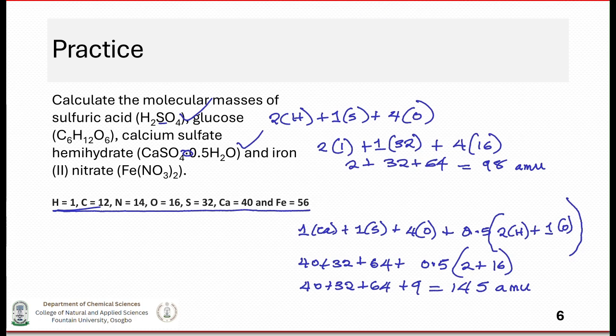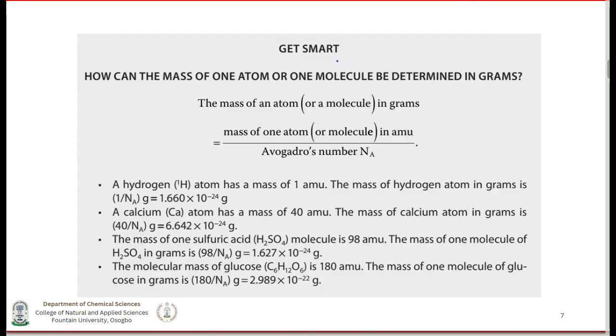So let's go ahead. Here you may want to know how we determine the mass of one atom or the mass of one molecule in grams. Because all our units so far are in atomic mass units, but if we want to express the unit in grams, we want to convert from atomic mass unit to grams.